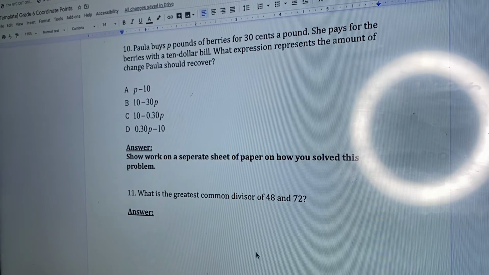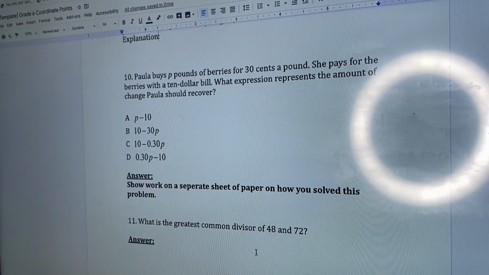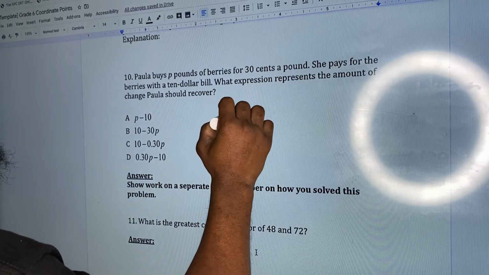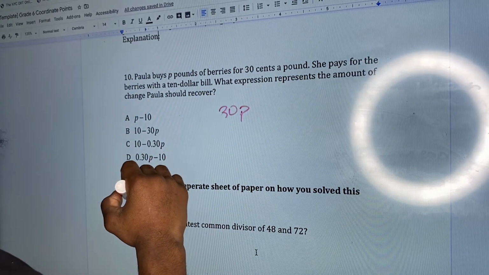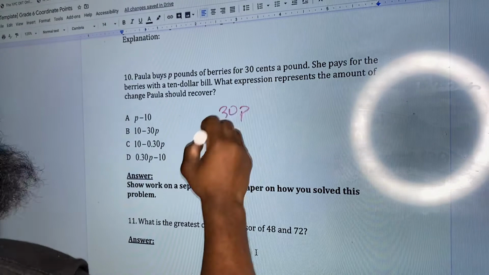So here, Paula buys pounds of berries for 30 cents per pound, right? She pays for the berries with a $10 bill. Which expression represents the amount of change Paula should receive? Each pound of berries costs 30 cents, and she pays with a $10 bill. Let's say she bought 2 pounds.